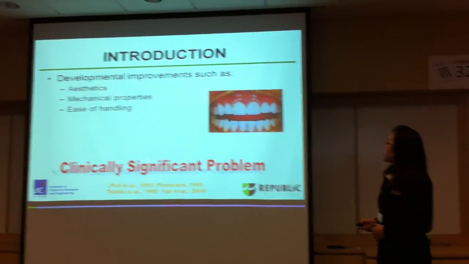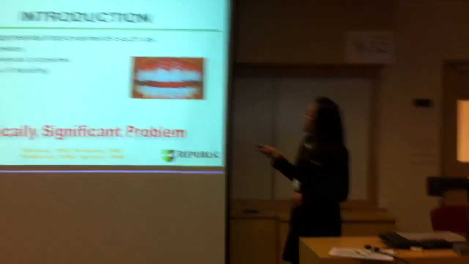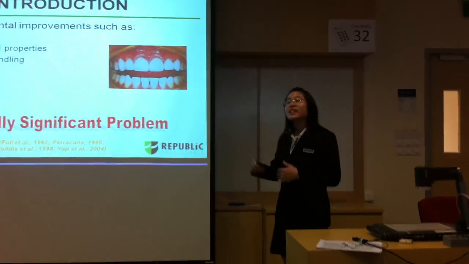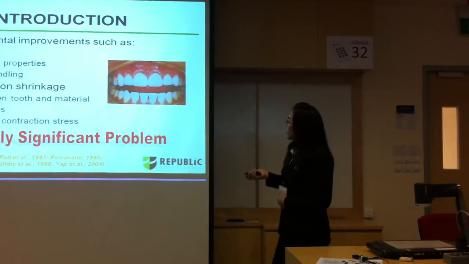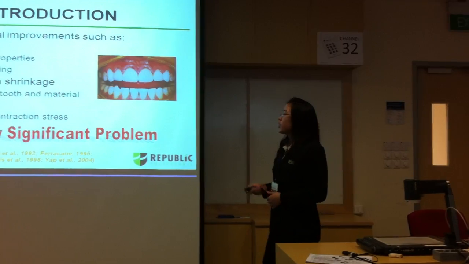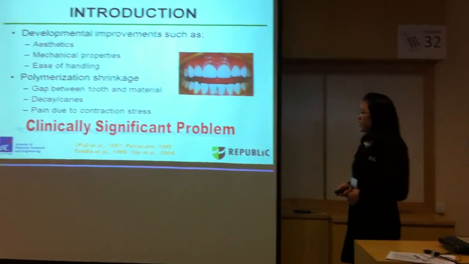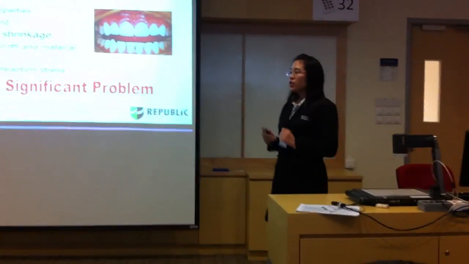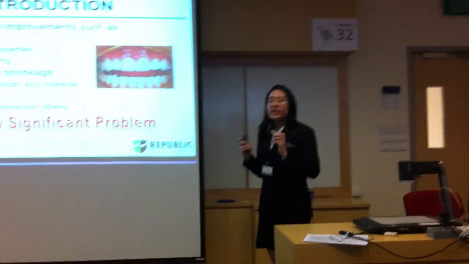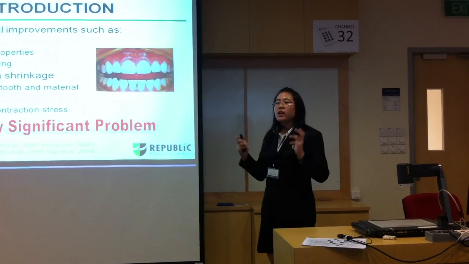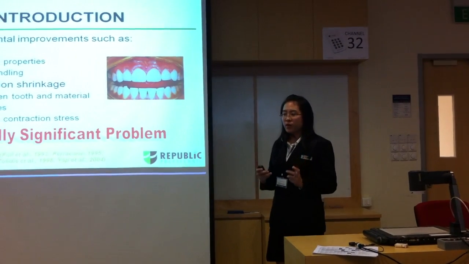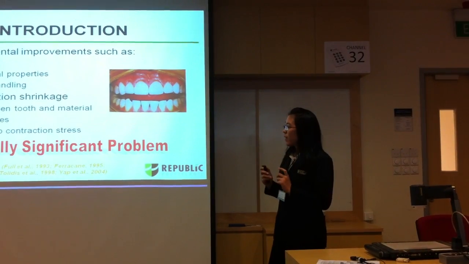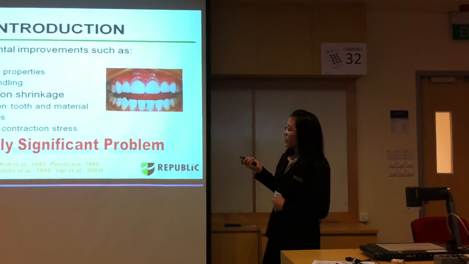Despite developmental improvements such as aesthetics, mechanical properties, and ease of handling for dental composites, polymerization shrinkage still remains a clinically significant problem. This is because when the polymerization occurs, the material shrinks as van der Waals forces change into covalent bonding, which minimizes the distance between molecules and results in shrinkage.